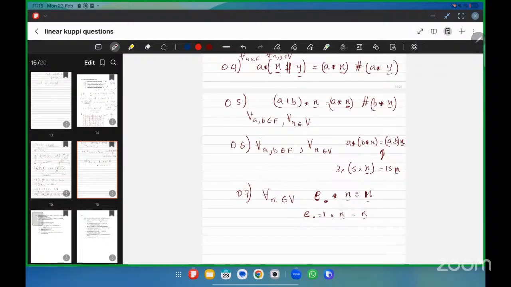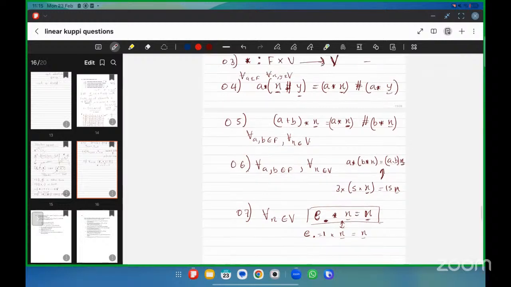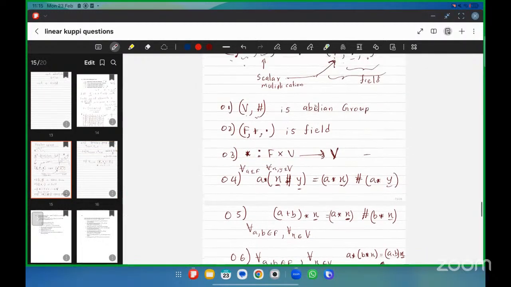So both of these are referring to the same things, but here in the generalized form. So if these conditions are fulfilled, we can say it's a vector space over F.